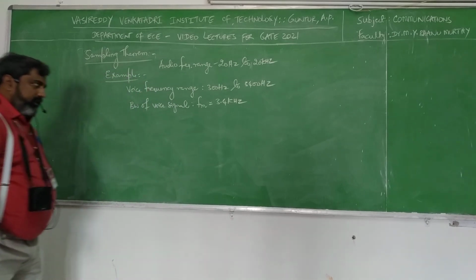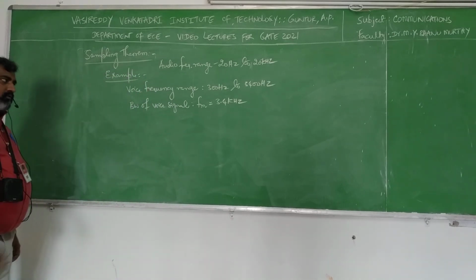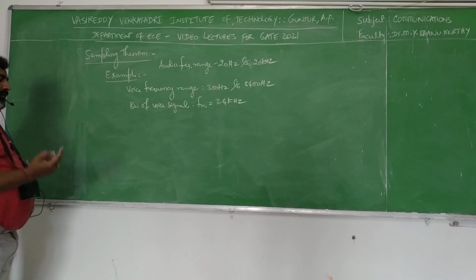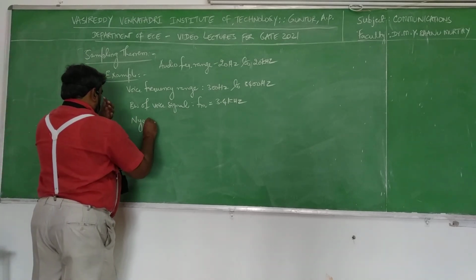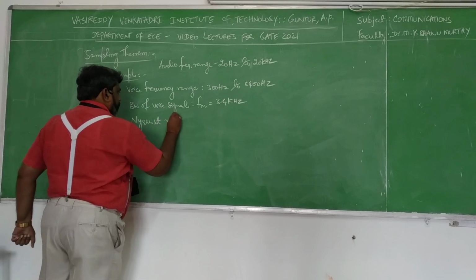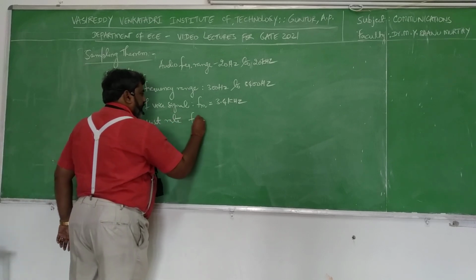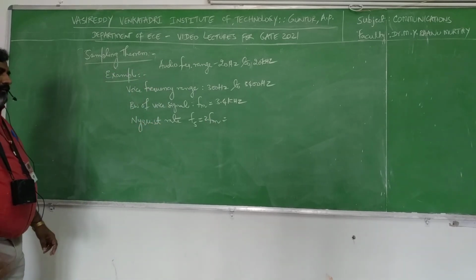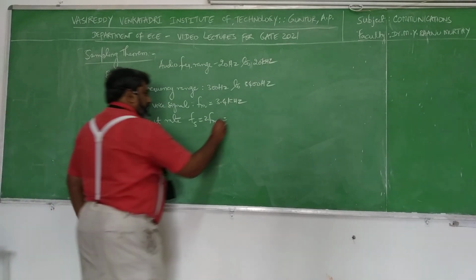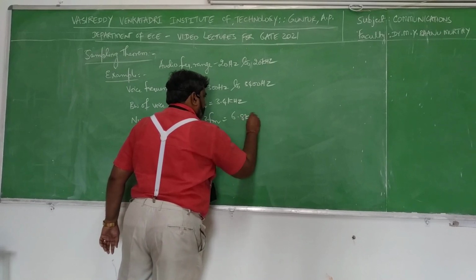Highest frequency. So now, to sample the signal, the minimum sampling rate, that is the Nyquist rate, fs equal to 2fm. So how much do we get now? When fm is 3.4 kHz, 2fm is 6.8 kHz.